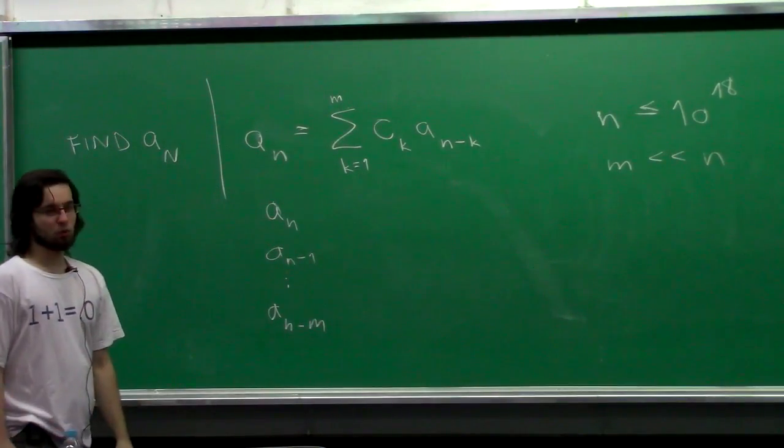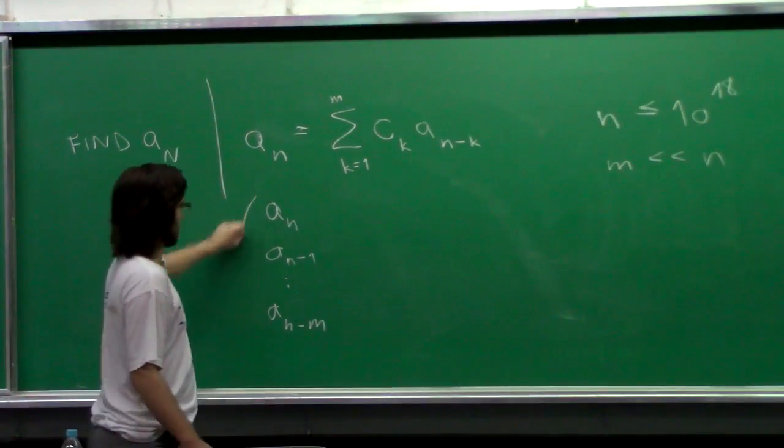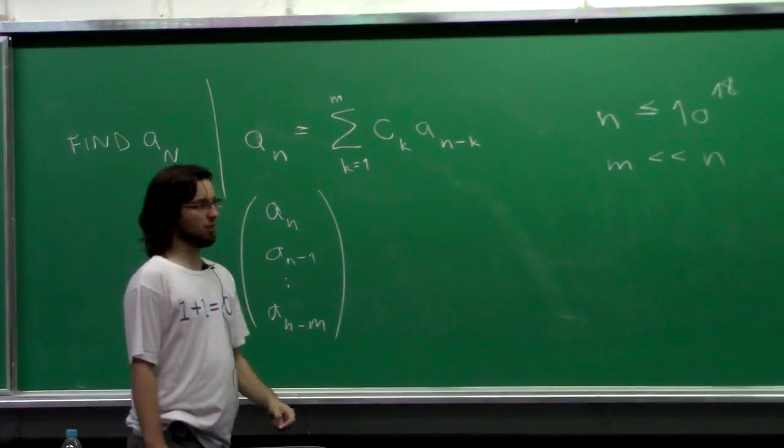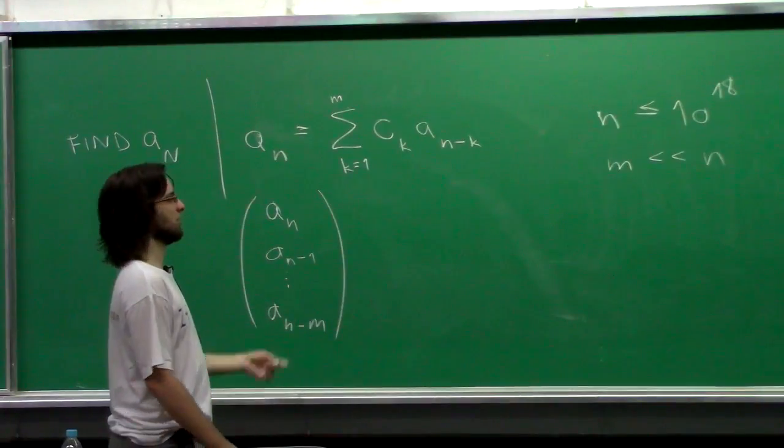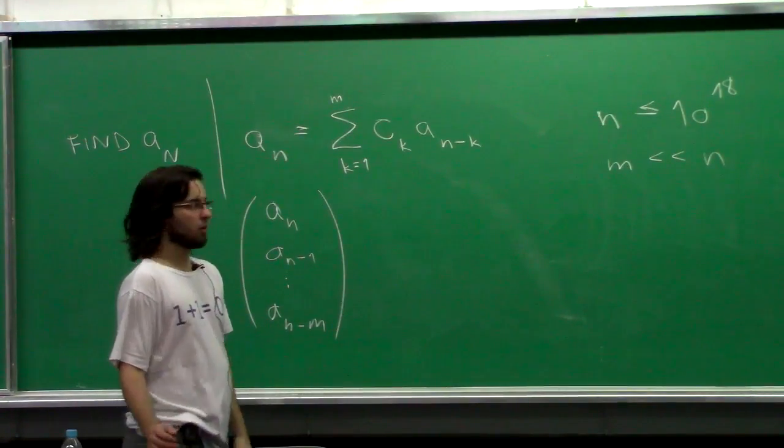And we could take this to be a vector and do some matrix multiplication using these vectors and some suitable matrices.